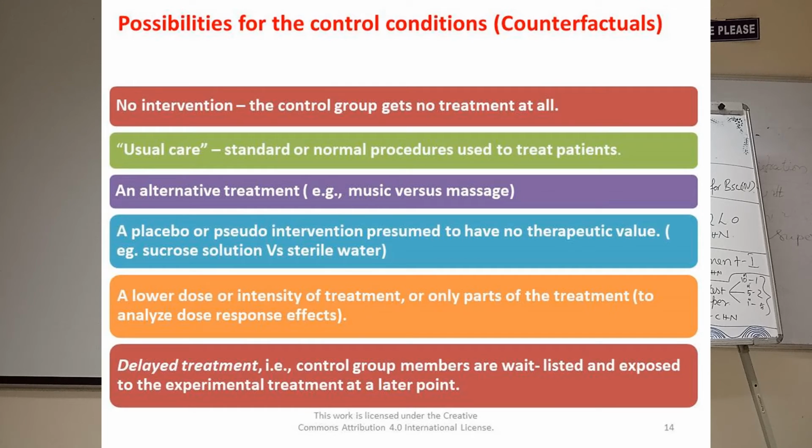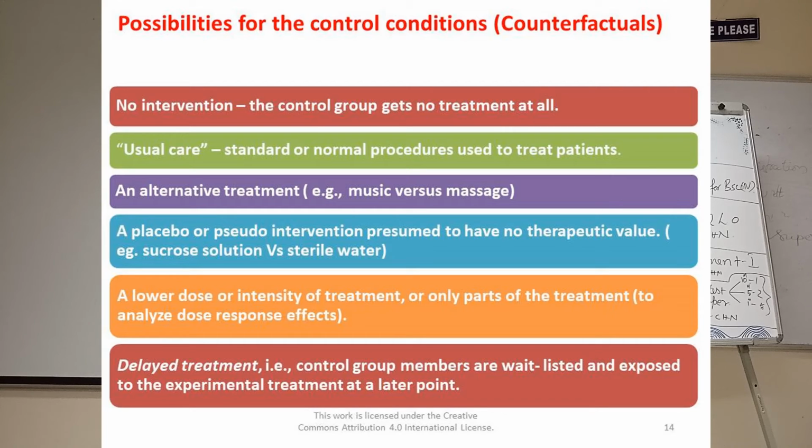In some experiments, we can have no intervention for the control group. That means no treatment at all for the control group subjects. We can also have usual care or routine care. The control group can receive this routine care, and additional care is not given to them.